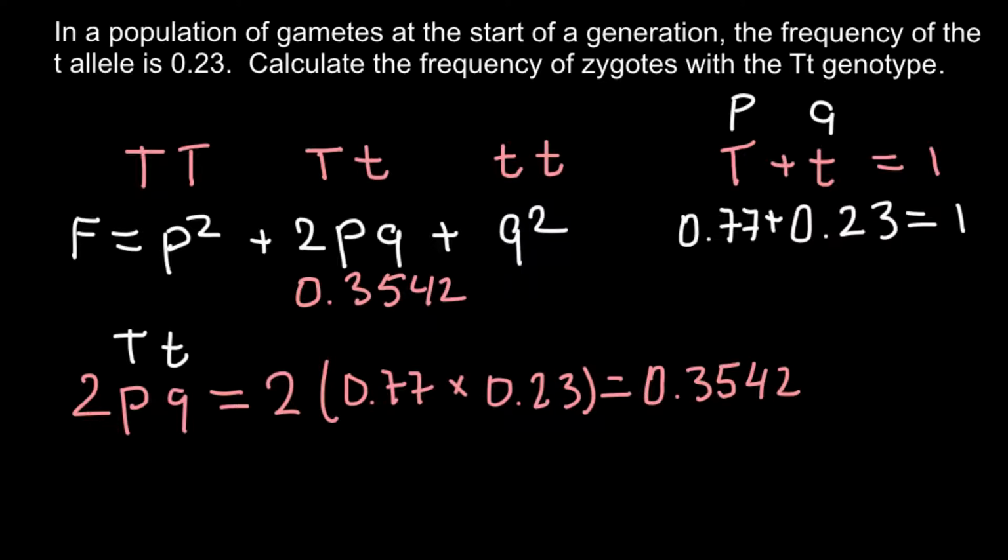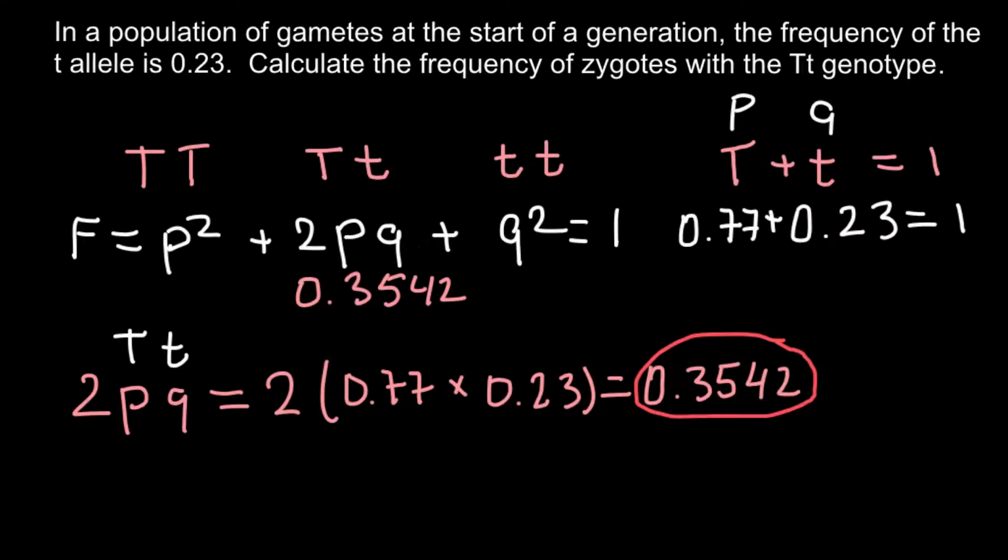I also have to say that when we add the frequencies of all three genotypes, we will get 1 or 100%, because in our calculations 1 equals 100%. And because this is a very easy question, I want to add a little bit extra. We already got our answer, but it is also very easy to find the frequency of the homozygous dominant genotype.